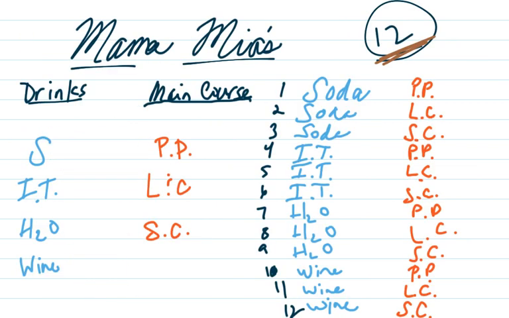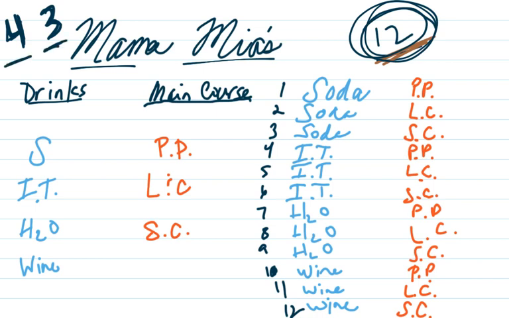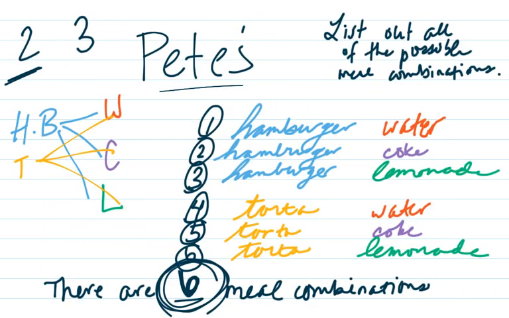And then here with Mamma Mia's, we had 4 drink options and 3 main course options, and we ended up with 12 total possibilities. So, what could you have done with these numbers to get this? And does that work the same here? What could I do with these numbers to get this?